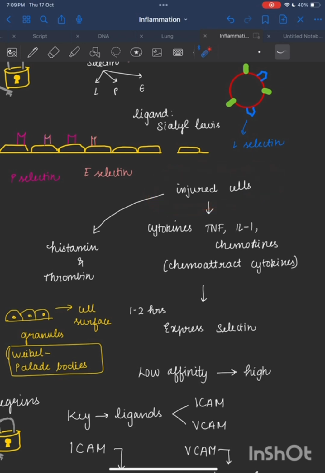Injured cells release cytokines like TNF, tumor necrosis factor, then interleukin 1 and chemokines. These are chemoattractant cytokines. Within 1 to 2 hours it expresses selectin. Injured cells also release histamine and thrombin.